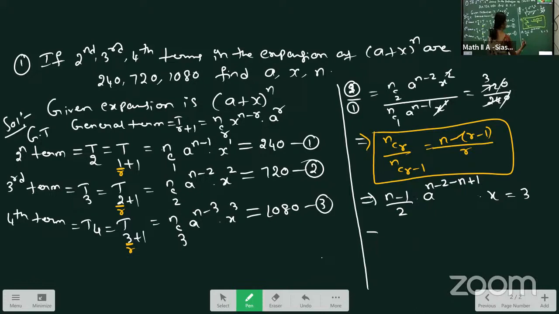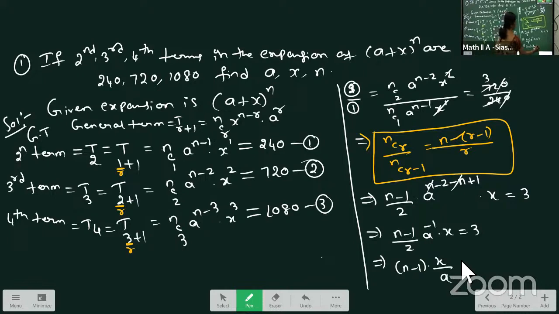So now, (n minus 1) by 2 into a to the power minus 1 into x is equal to 3. Cross multiply 3. So (n minus 1) into x, a to the power minus 1 written in the denominator, by a is equal to 6. So directly x by a is equal to 6 by (n minus 1).